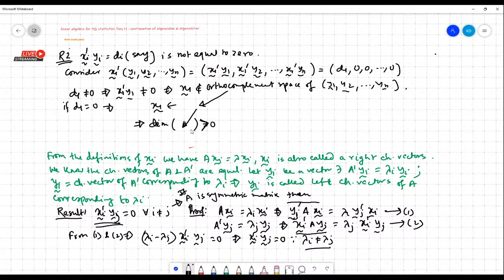Okay, so since we assume that y1, y2, ..., yn are independent, the dimension of the orthocomplement space should be 0, and this implies x1 curl should be a null vector.